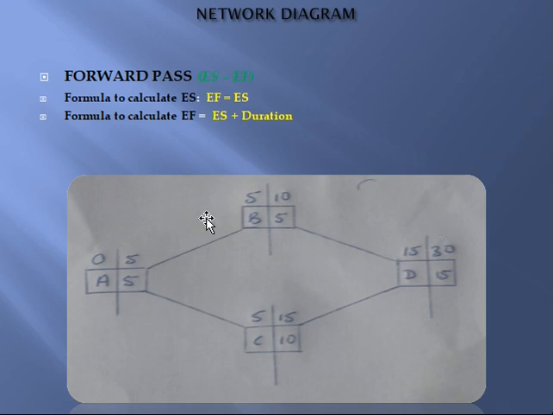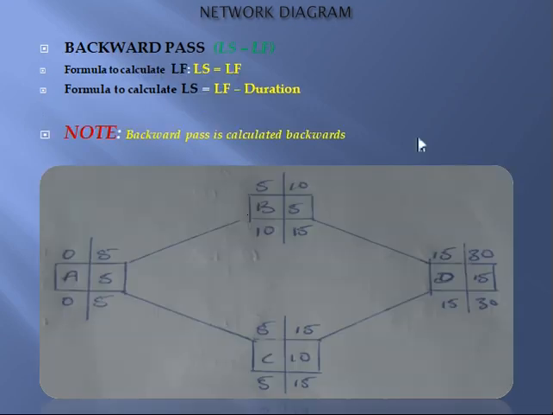So next, let's look at the backward pass. Now remember, the backward pass is also referred to as the late start, which is LS, and what? Late finish, which is LF.